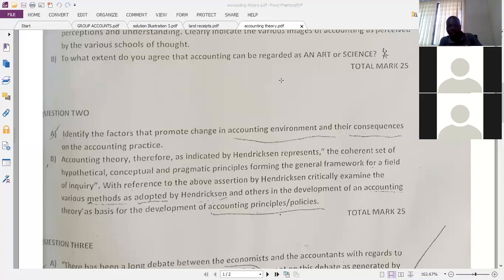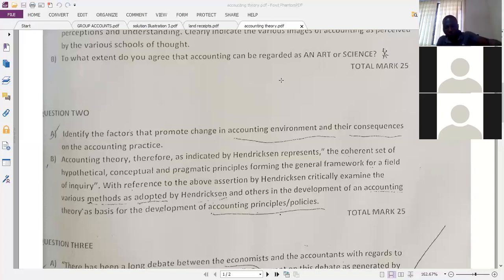And the theory is dependent on what is. Anything that the question is, what is, forms part of the descriptive theory. So anything that you hear, what is, know that the answer you are giving is a descriptive answer.